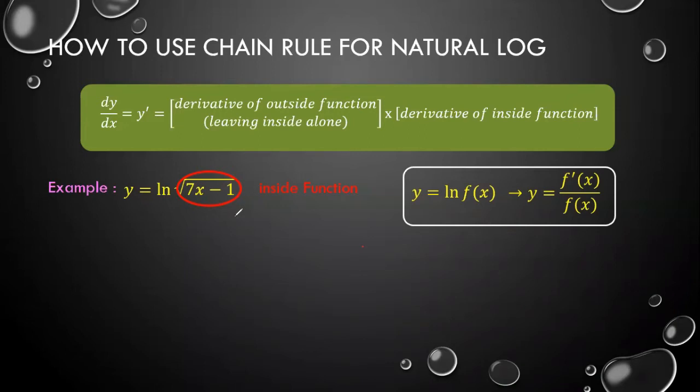Students, y equals ln of the square root of 7x minus 1. We call the root of 7x minus 1 the inside function. Let u be the root of 7x minus 1. We can simplify to be u equals (7x minus 1) to the power half.